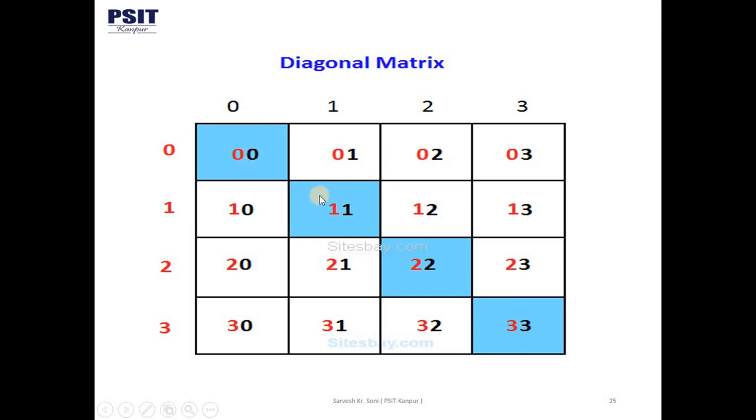Similarly, this element will be referred to as A11, similarly this will be A22 and A33. So these are the diagonal elements. Diagonal elements have the same row and column index. So this is the basic condition of diagonal elements, right?